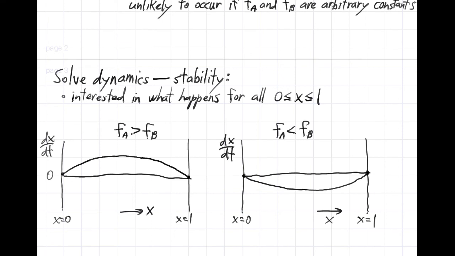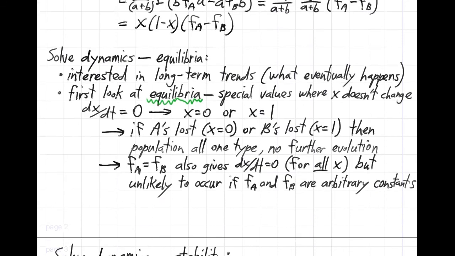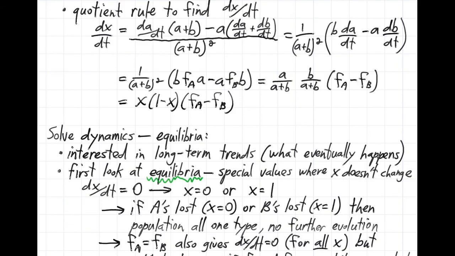Another way to see that is if x is bigger than 0, then this factor is positive. If x is less than 1, then this factor is positive. So the sign of dx/dt is just equal to the sign of fA minus fB. If this is positive, then dx/dt is positive. If this is negative, then dx/dt is negative.